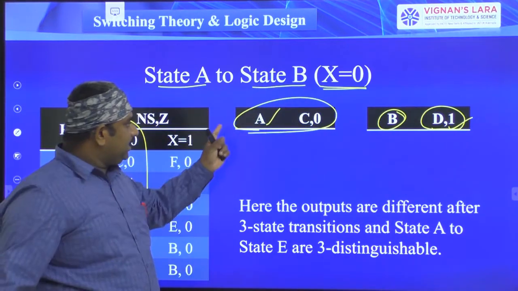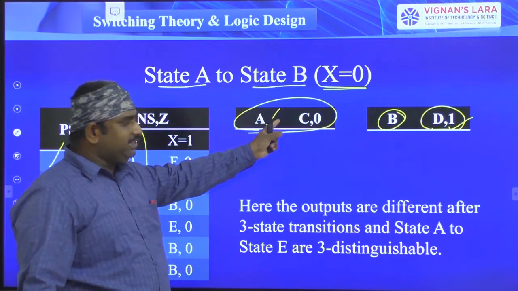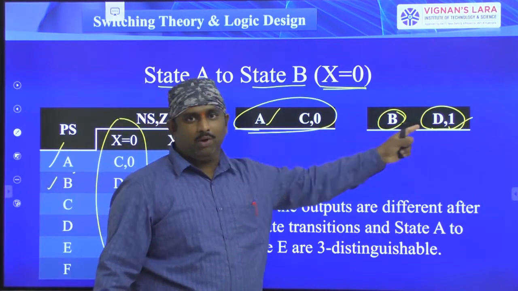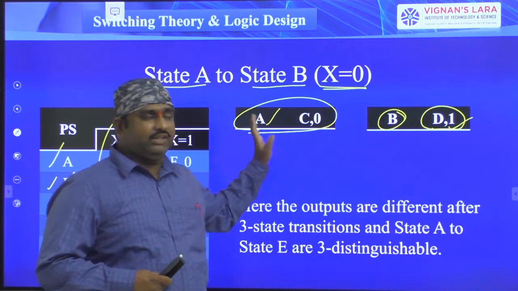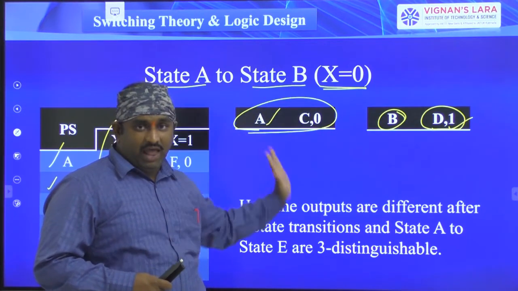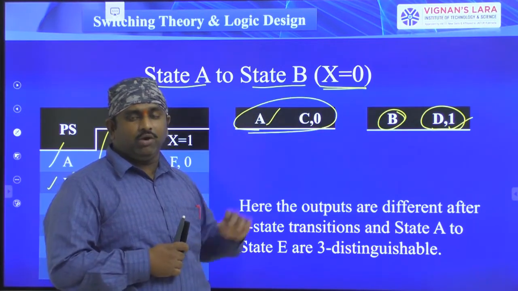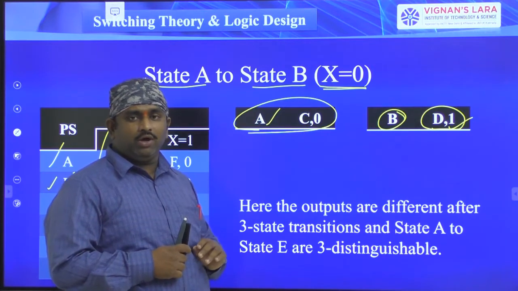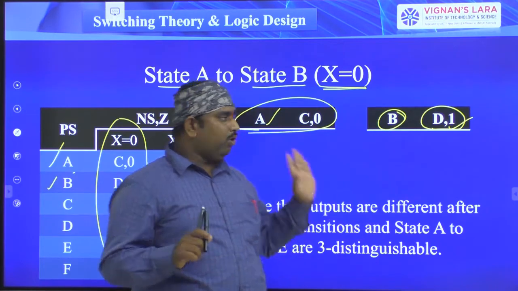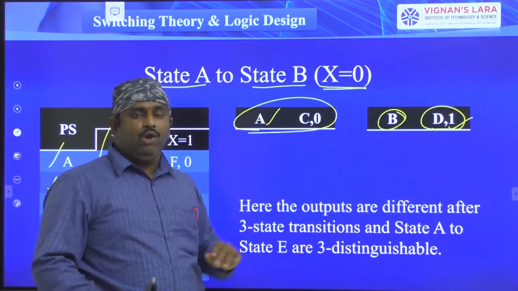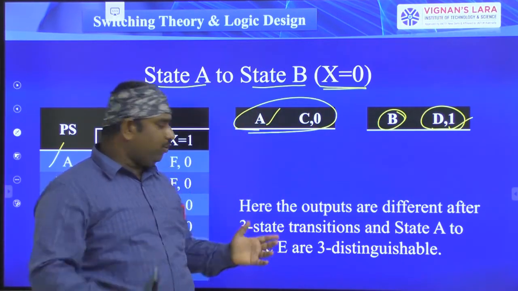For these A and B states, the next state outputs are 0 comma 1. Now here we have two different outputs for state A and state B. Now it is distinguishable. If you got the same output, then it is not distinguishable. Now in the first step only, we got different types of outputs.